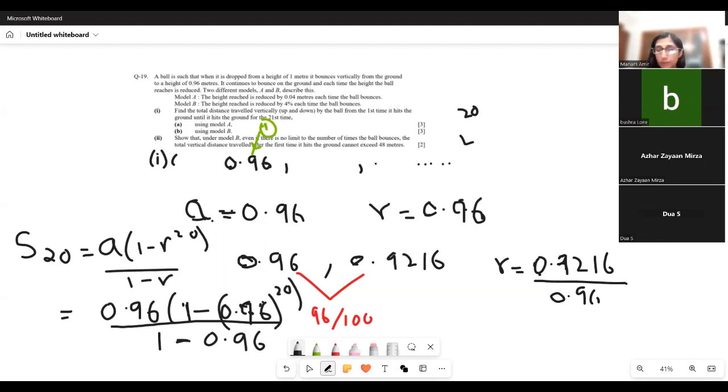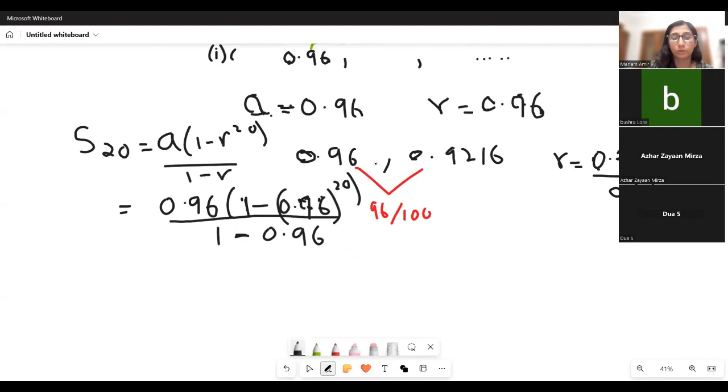Yes, after doubling it. When you times it with 2, you get that.